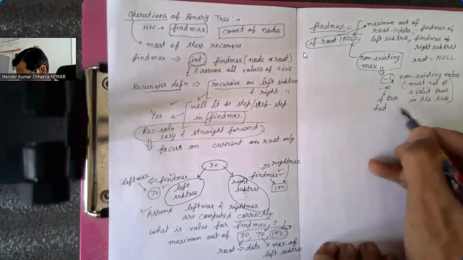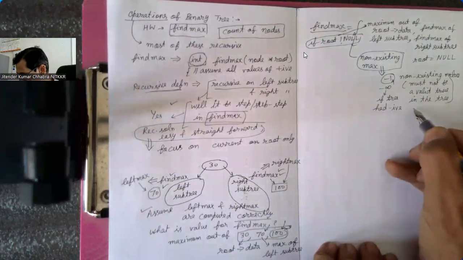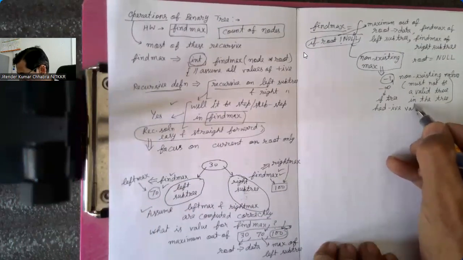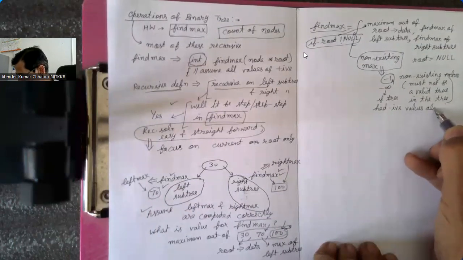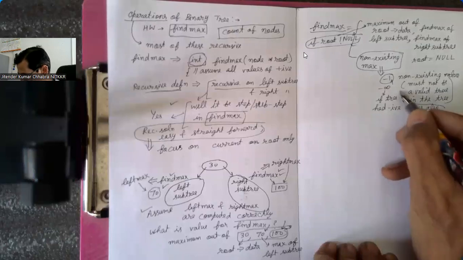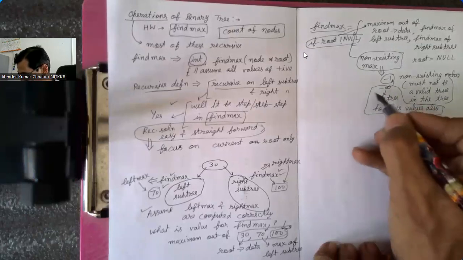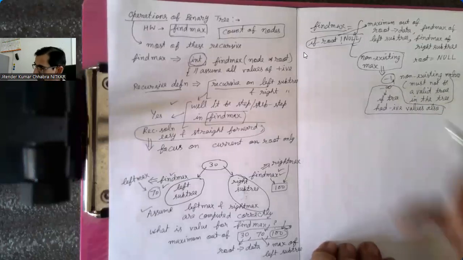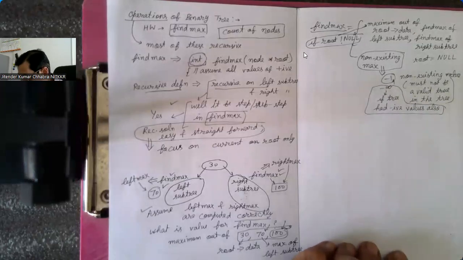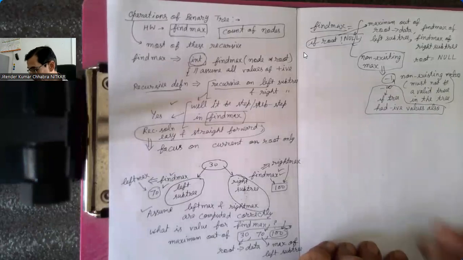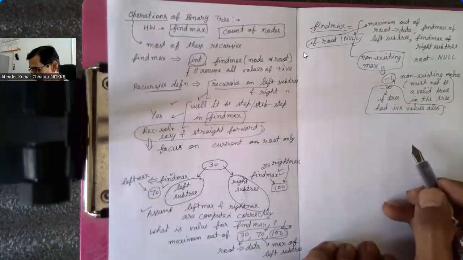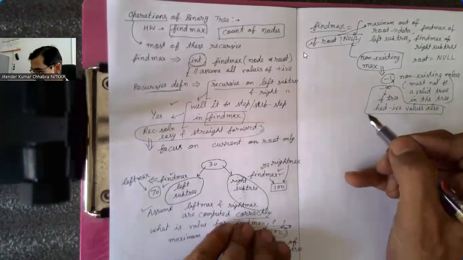We assumed a tree had no negative values. If I say that a tree can have negative values also, then we will assume this to be minus infinity. Of course, minus infinity on a computer won't exist, so we will assume the minimum int value, the smallest value of the integer, and that can be reserved to be used.